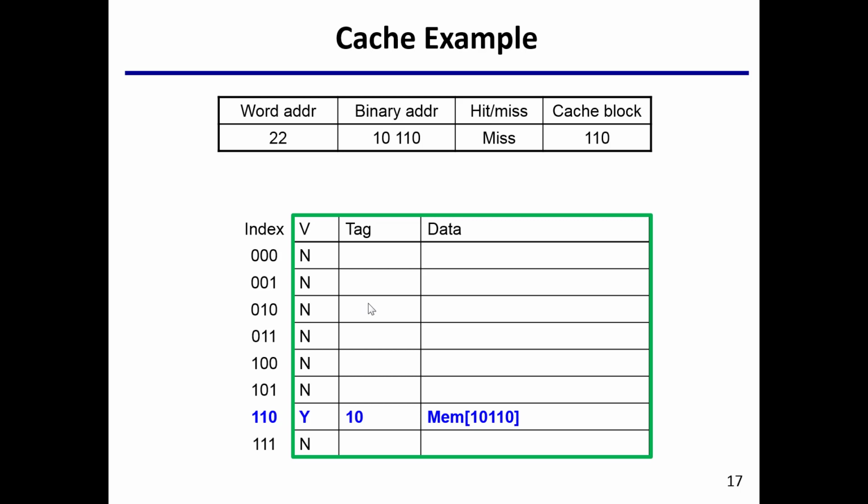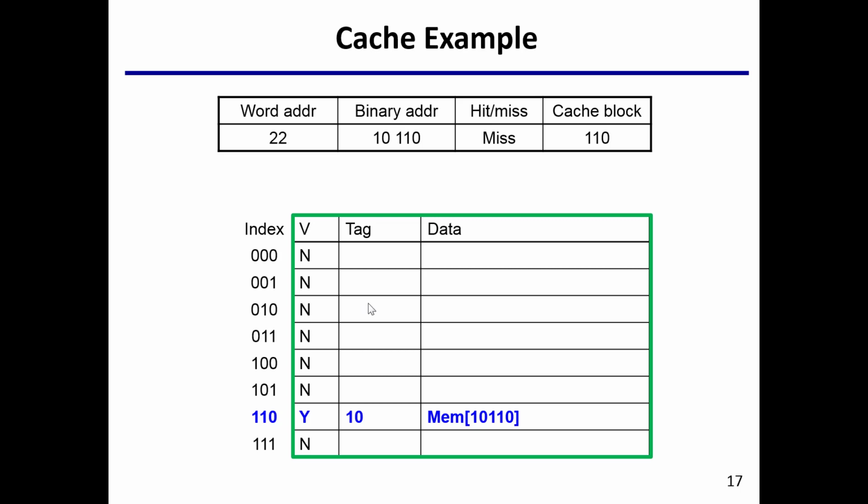The tag is whatever's left over after you back out the 3 least significant bits. So you take those bits out, and the tag is 2. What we're doing is taking the word address and decomposing it into a tag and an index.